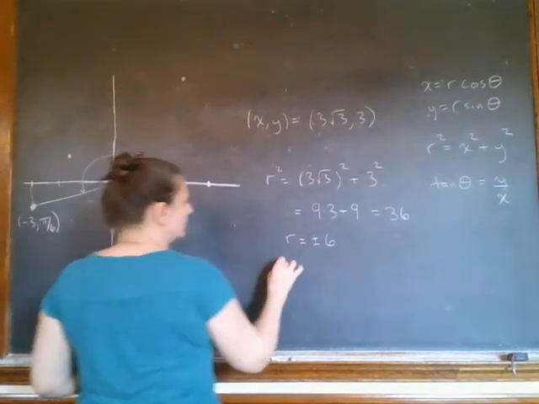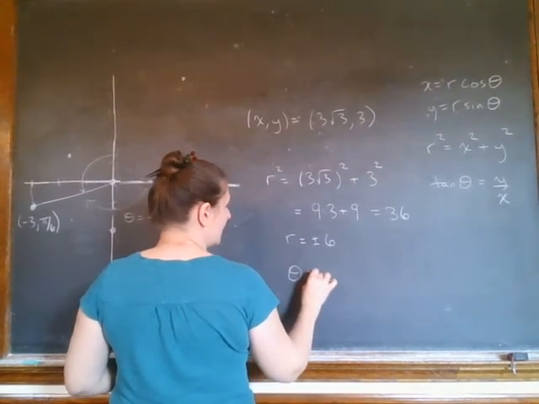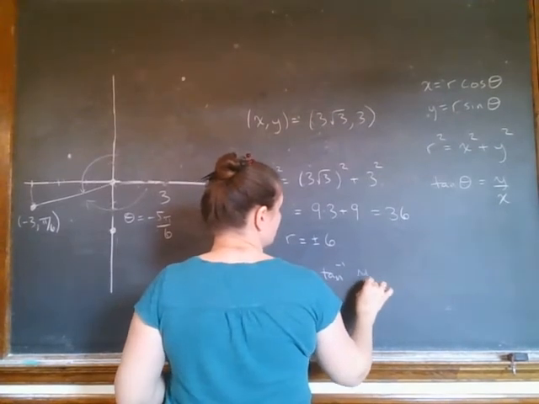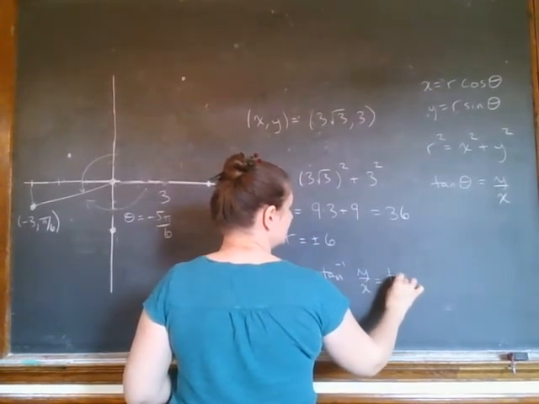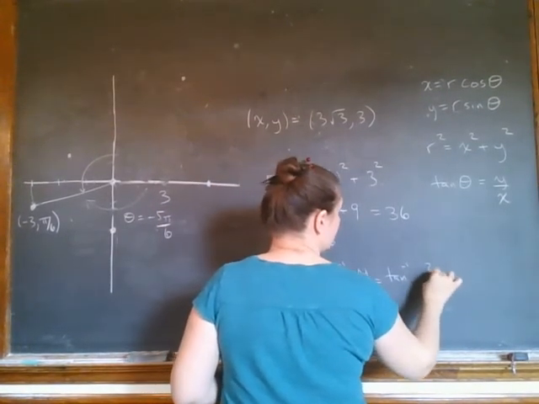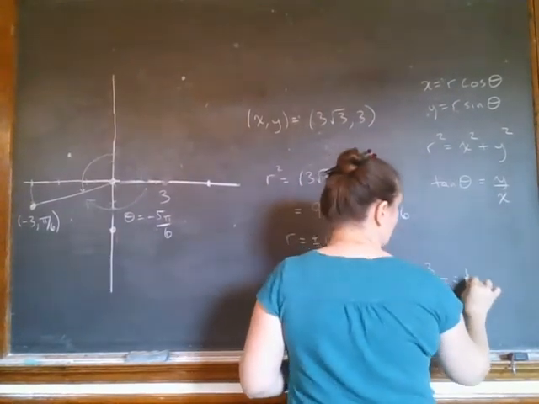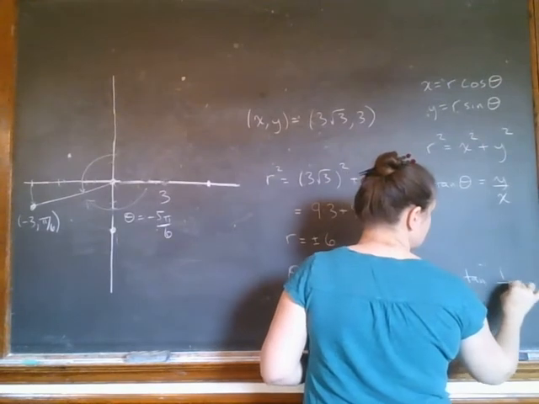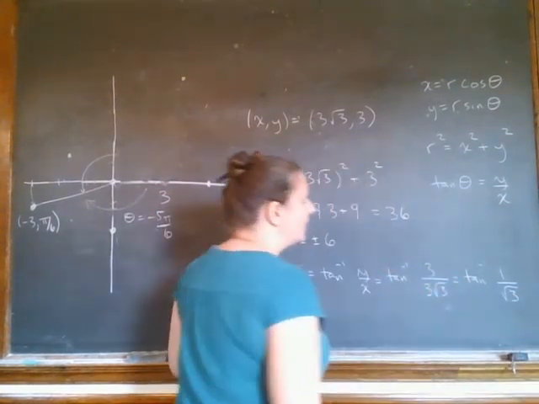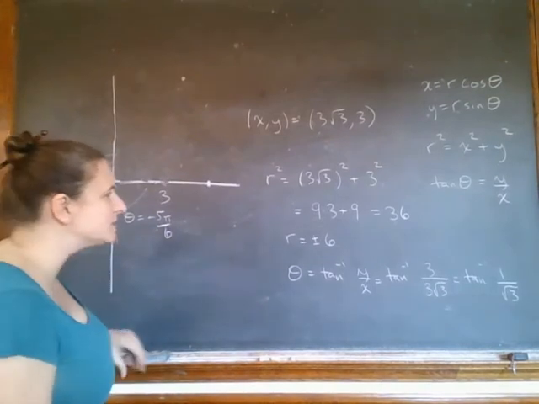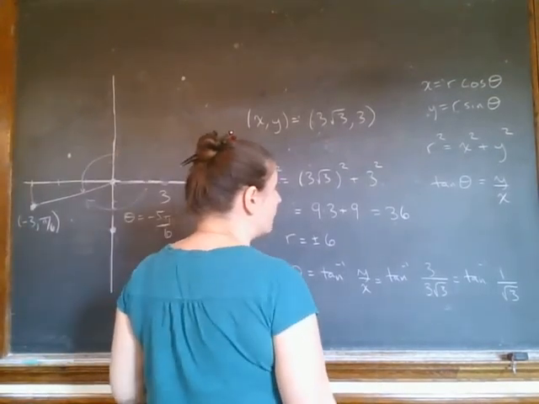Now, tangent of theta is y over x, so theta is inverse tan of y over x. So this is inverse tan of 3 over 3 root 3. Okay, well, you know what that is, right? This is a unit circle point. It's either pi over 6 or pi over 3.